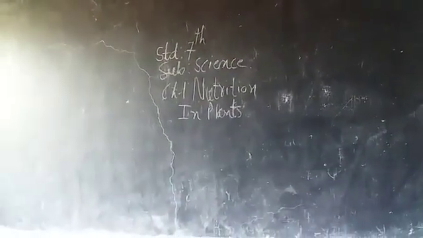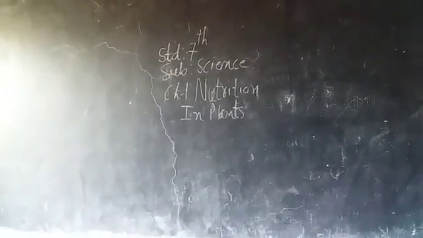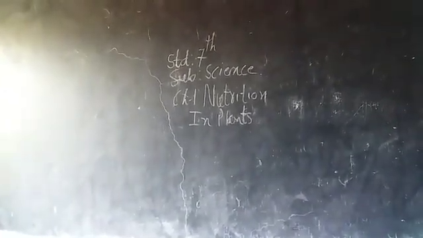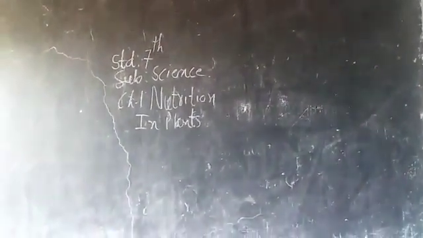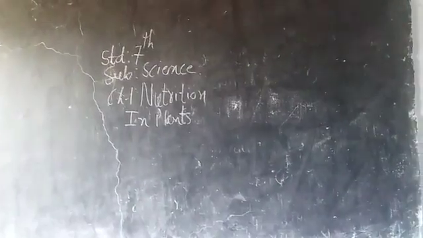Next question: how do plants with red, brown or yellow leaves perform photosynthesis? Answer: plants with red, brown or yellow leaves produce red, brown or yellow pigments respectively, other than green.